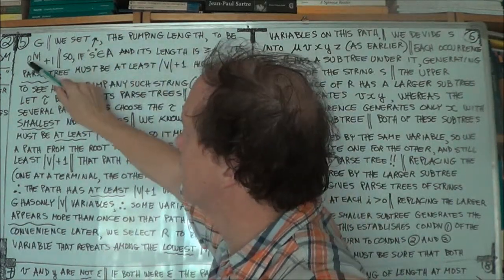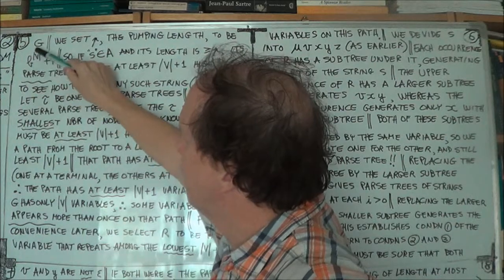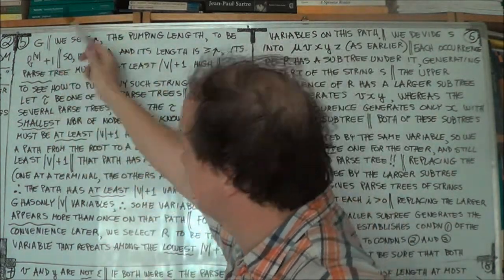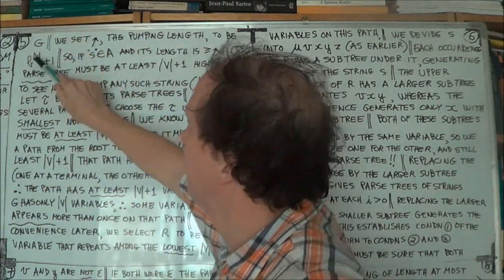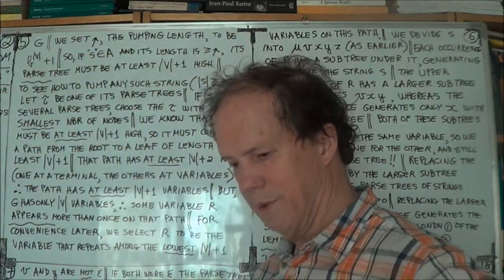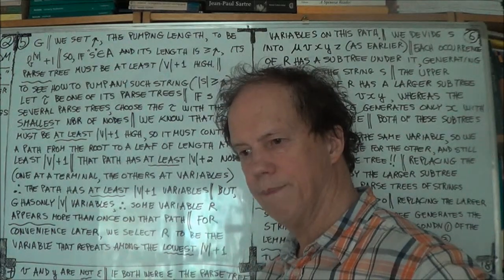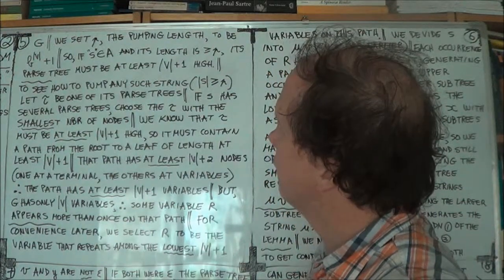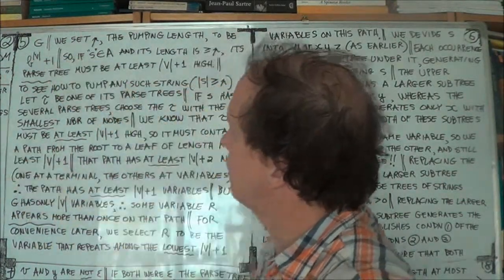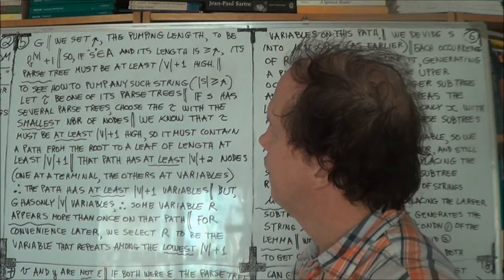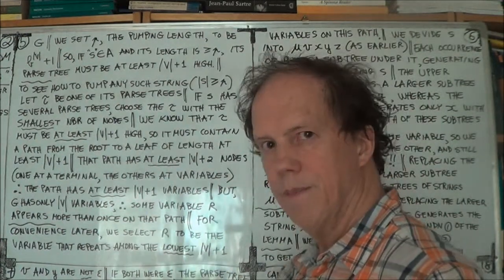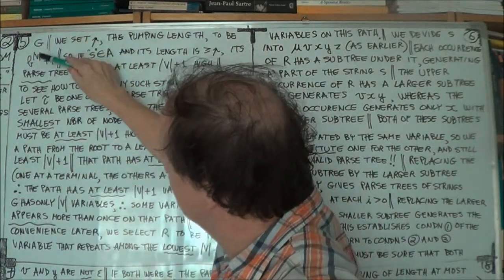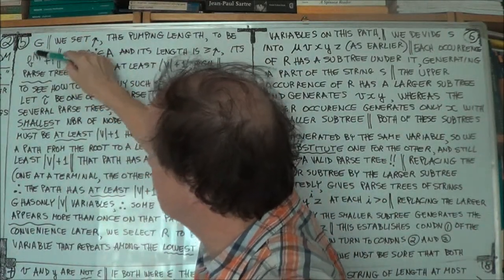You specify it as little b raised to power mod v, plus 1. Now, from this, you can deduce that the height of the parse tree of your string must be greater or equal to this, because that's your h.